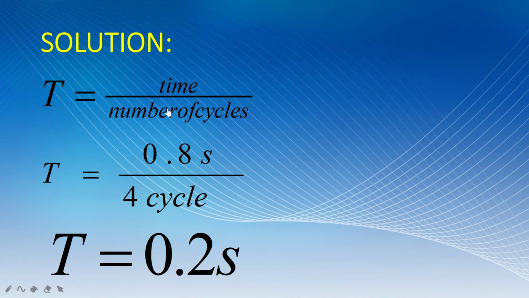Substitute the given time and number of cycles to our formula. T is equal to 0.8 seconds divided by 4 cycles, so our answer is 0.2 seconds.